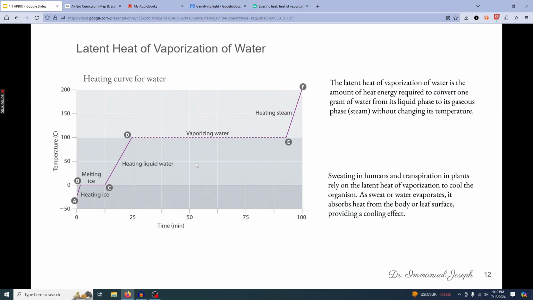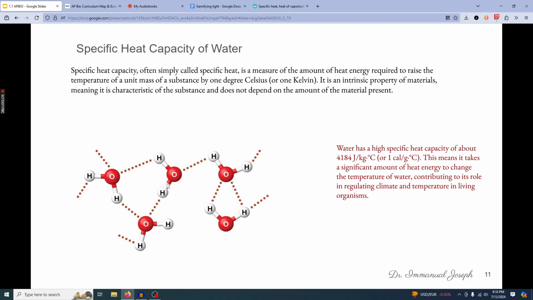Why is that? Let's take a look at this here. Imagine this was a liquid. You have all of these bonds forming between the partial positive and negative charges, and these bonds are constantly being broken and recreated, and these water molecules keep sliding on top of each other. Because of that, you're able to pack a lot of water molecules within a small space.